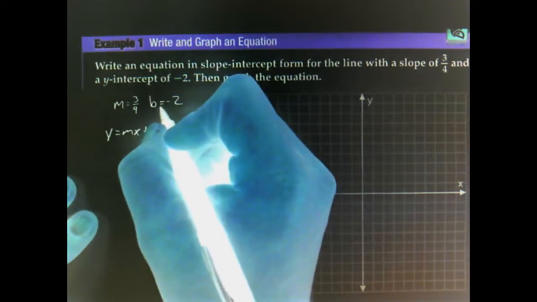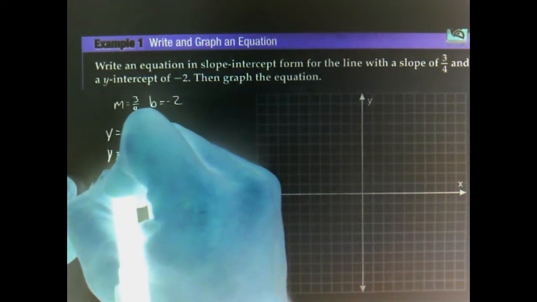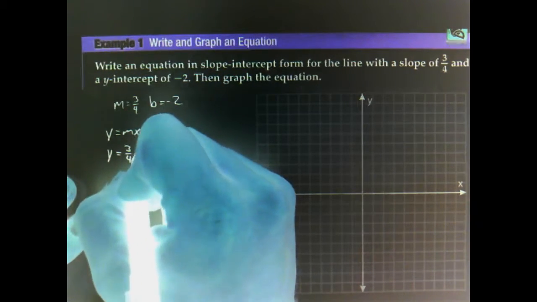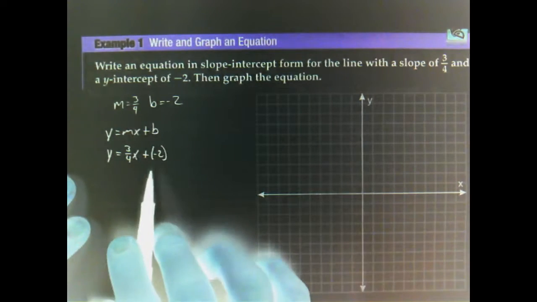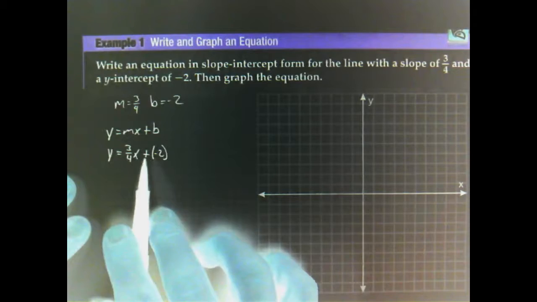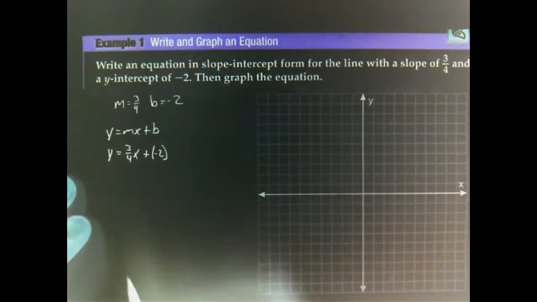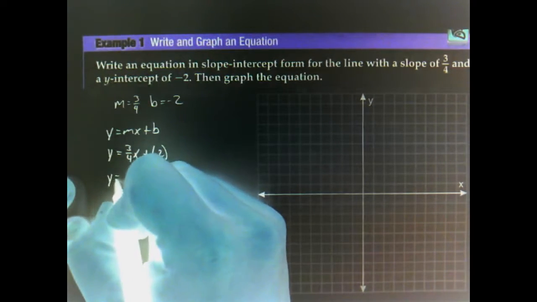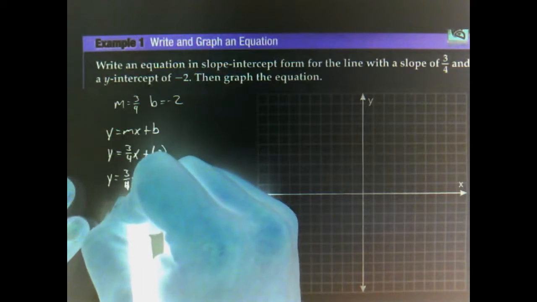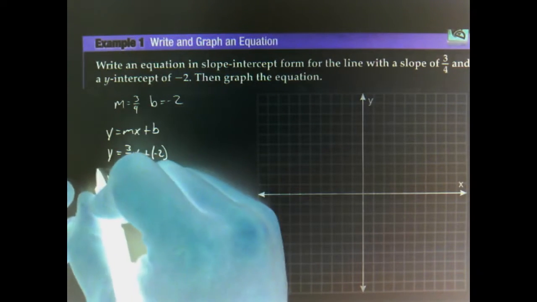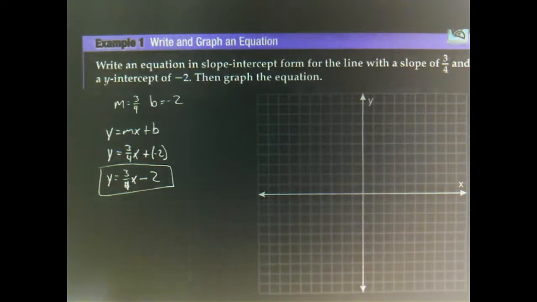Plug m in for m, plug b in for b. Y equals 3/4 x plus a -2. Now, in algebra, we don't like things looking messy like this, plus a -2. So we want to rewrite that as 3/4 x minus 2. So y equals 3/4 x minus 2.